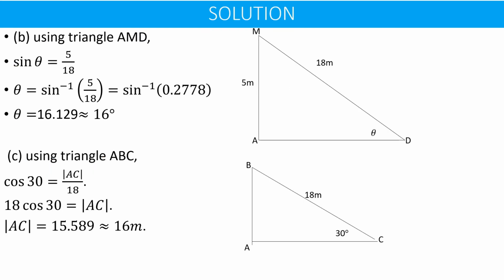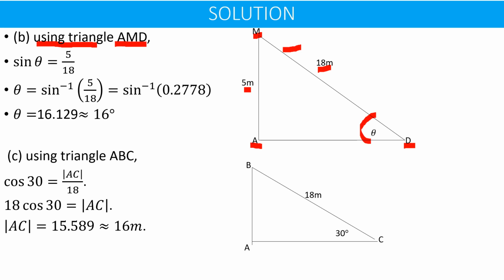So let's move on to B. B is saying that we have to find the new angle the ladder makes after slipping. So using triangle AMD, we know that the length of the ladder is still 18, then the height is 5 now, so what we are finding is theta, the angle.